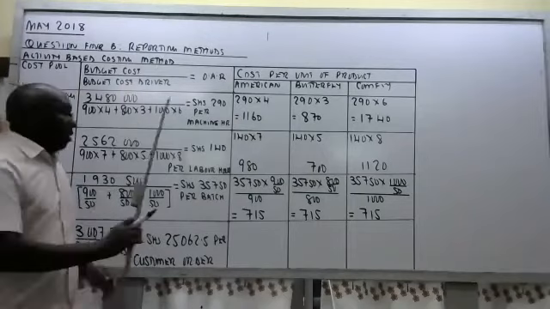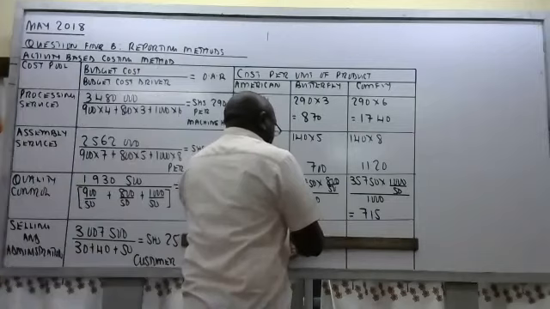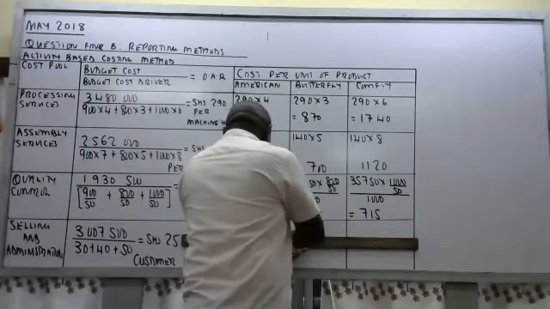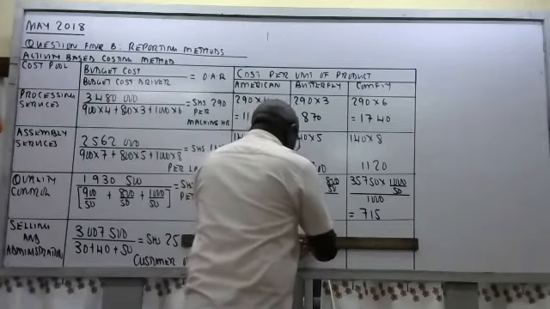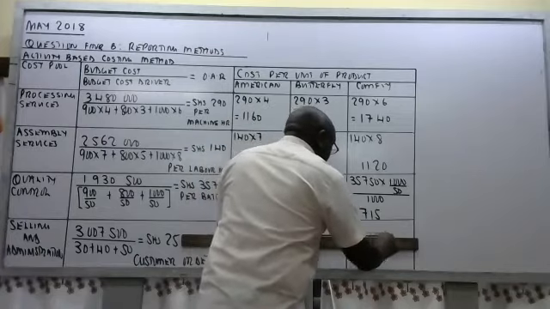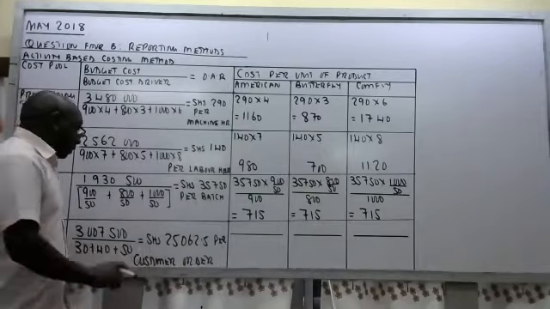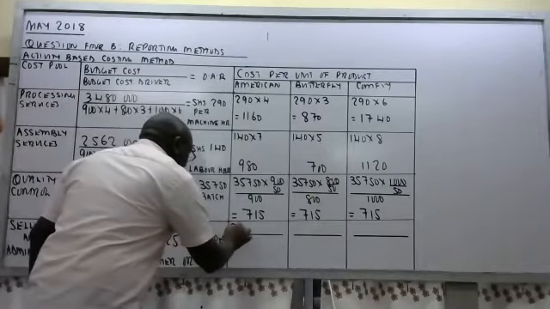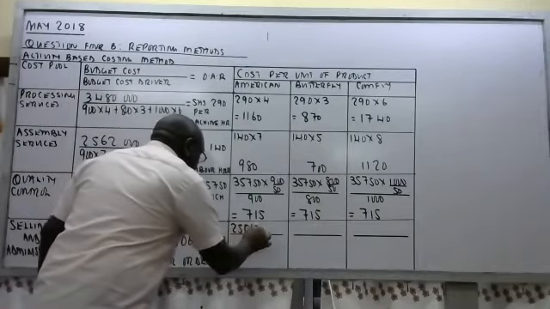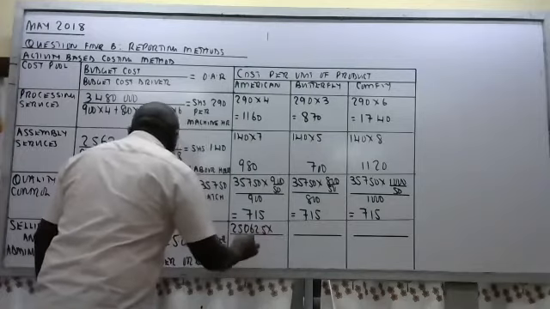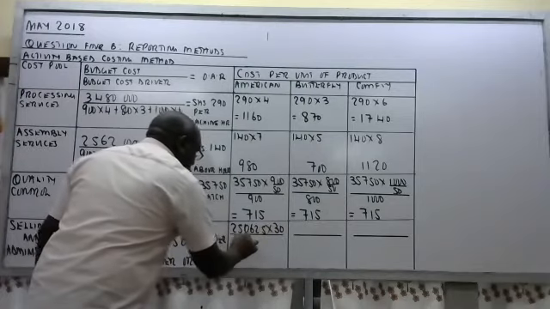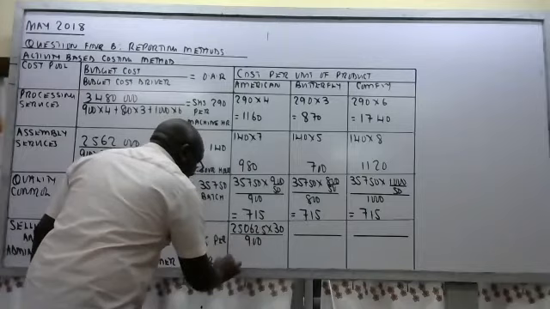So now from there, what you shall do is argue like this. You get this OAR, 25,062.5 times 30, you divide by 900.